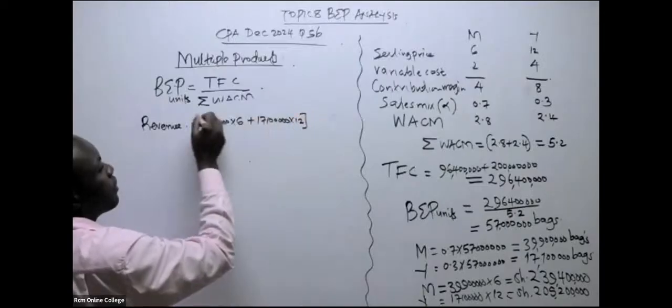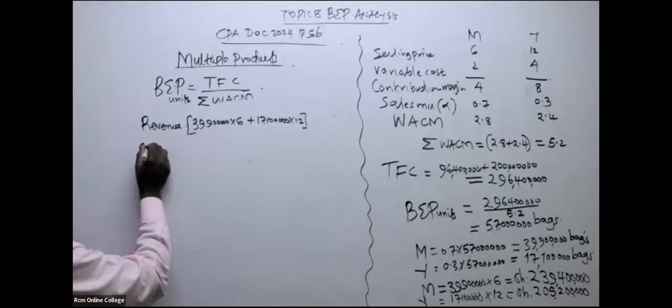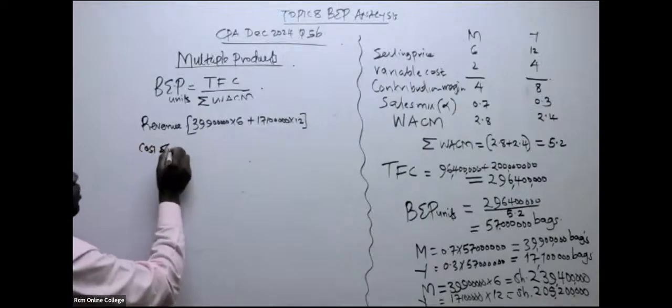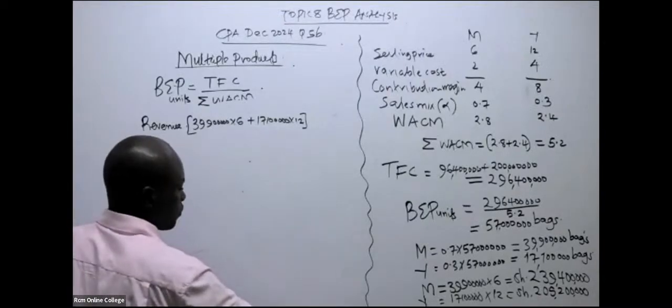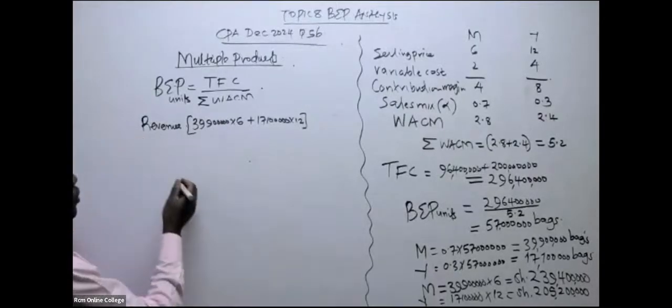This will give us total revenue. Then from that revenue, we need to less the variable cost.